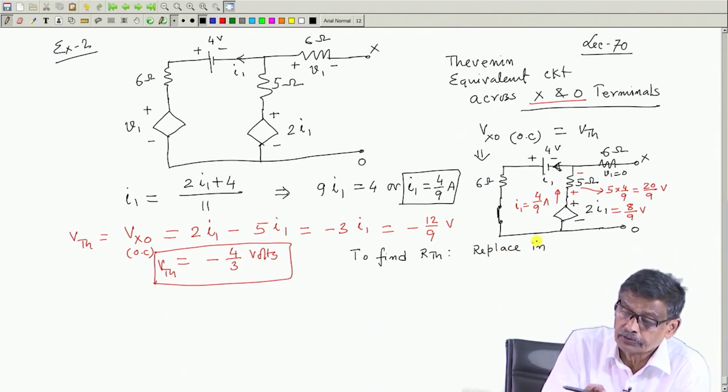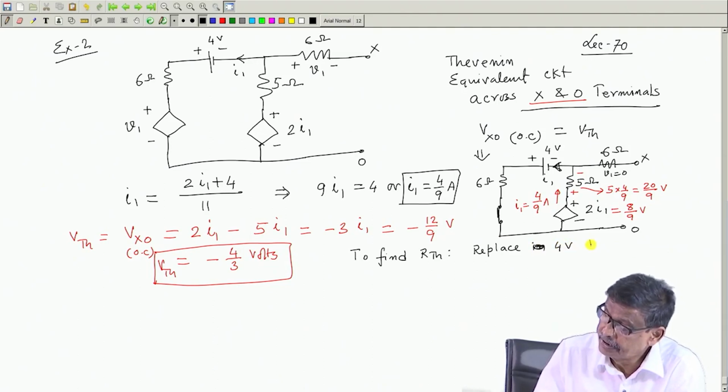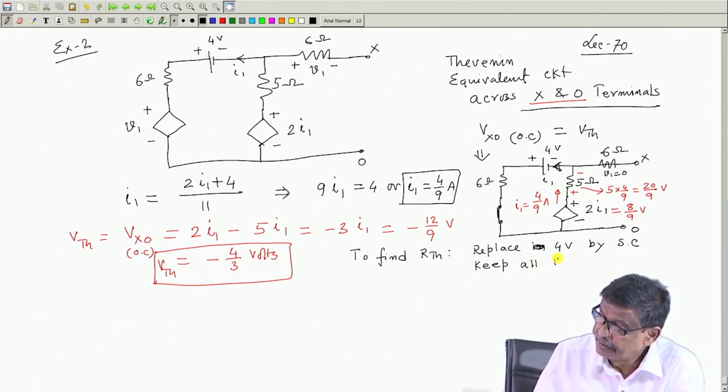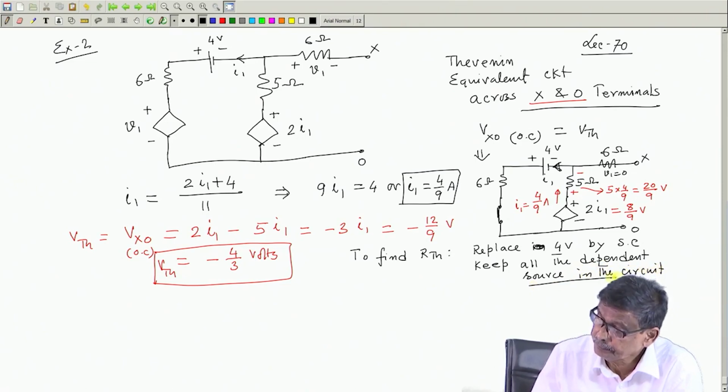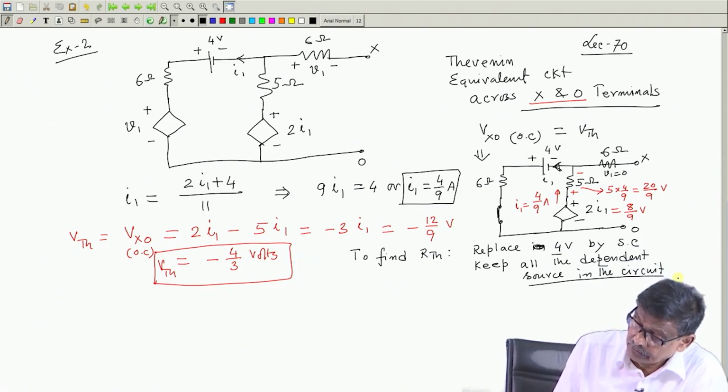Here only one independent source, 4 volt; replace 4 volt by short circuit, SC, and keep all the dependent sources in the circuit. That is what you have to do first. Okay. So, the network will then look like this.